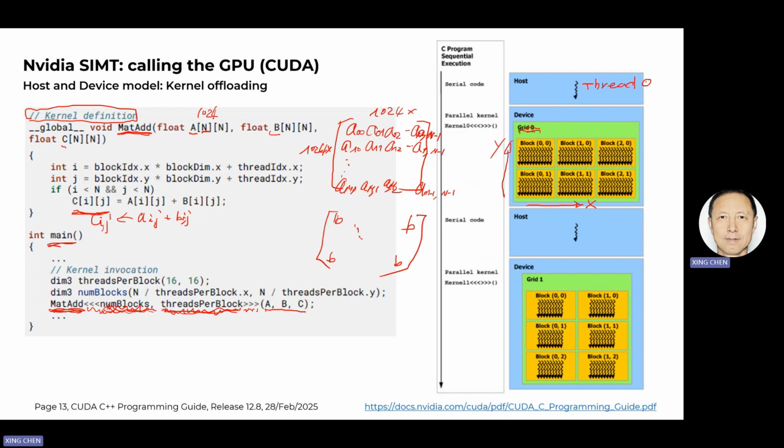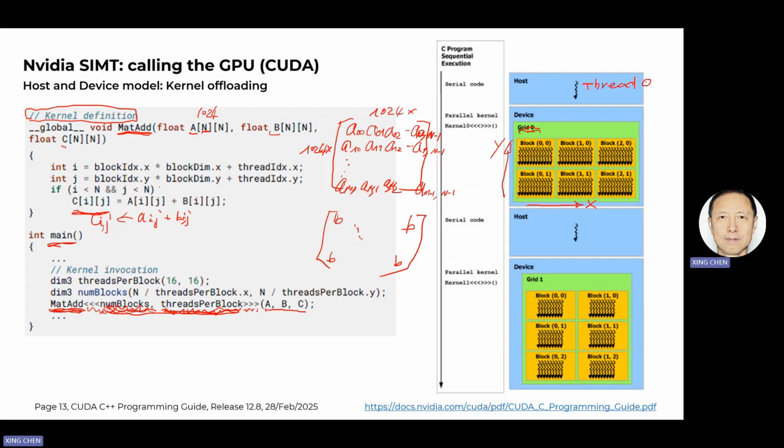That's not difficult, because when you tell the kernel function call you have 1 million threads, the threads will be organized into blocks, and within each block, each thread is going to have its own ID.